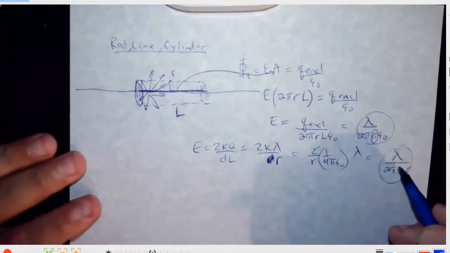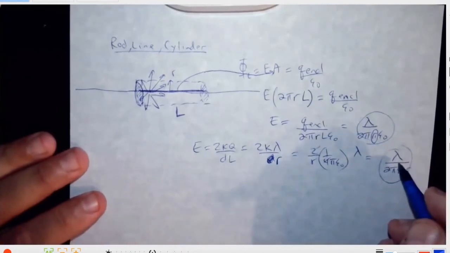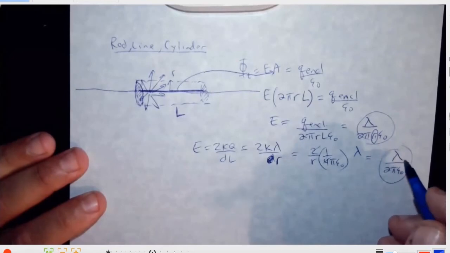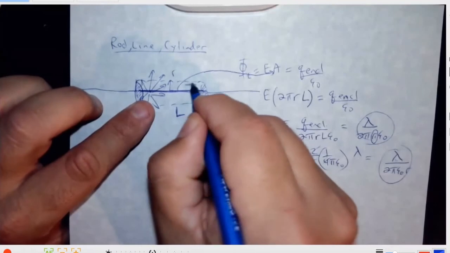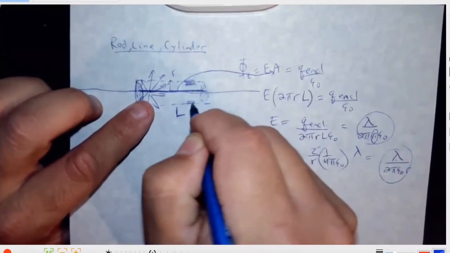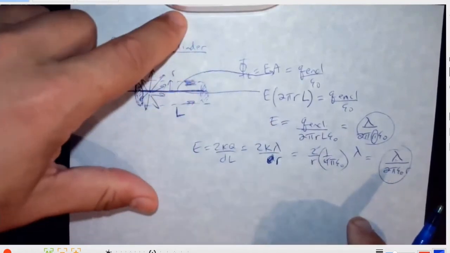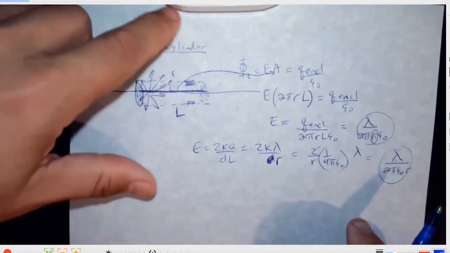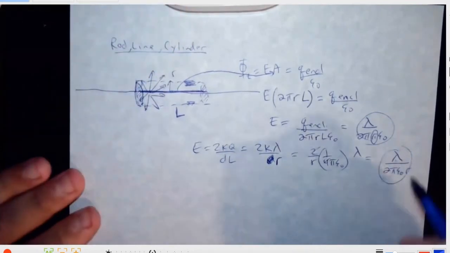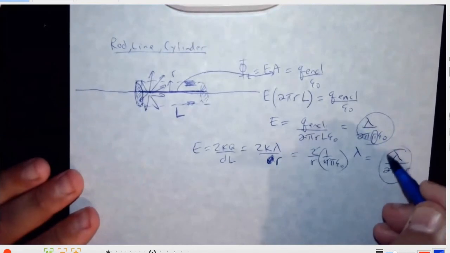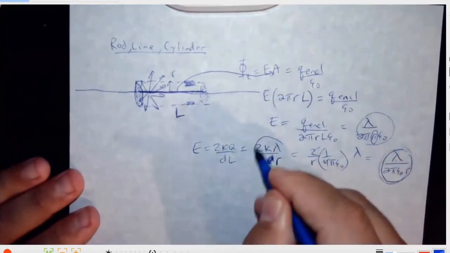So there's two general formats that we can write down the electrical field of a rod. Remember that this only works when you're close to the rod, right? When you go far away, then it starts dropping as 1 over distance squared, right? So there's two general ways we can write this, this way or this way.